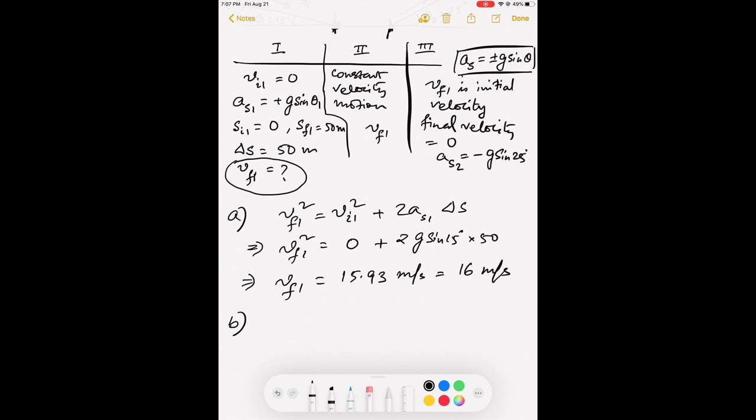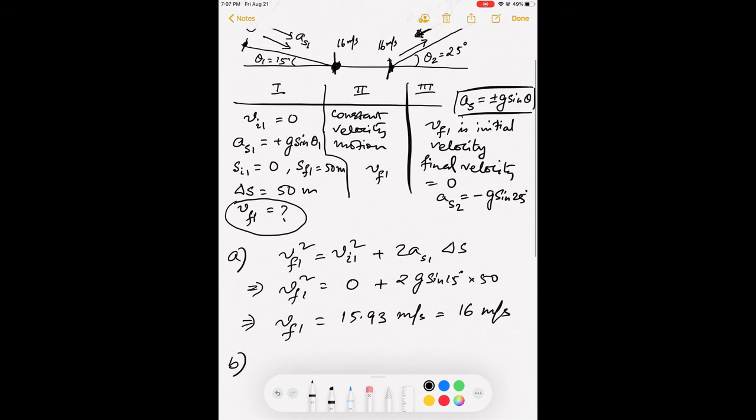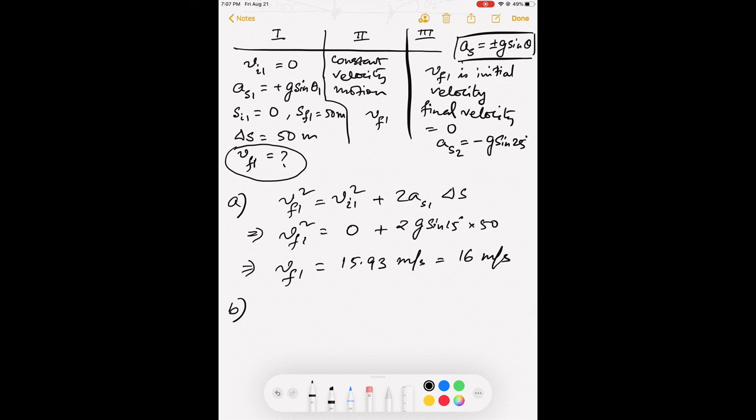For the second part, we now know that the velocity has attained 16 meters per second here, and it was 16 meters per second here as well. So if you go to the next part, part B, your initial velocity over there is 16, your final is 0, so you can use the same equation for the second part, but this time you will start with 0 squared, and then here you will have 16 squared, because that's the initial velocity over here.